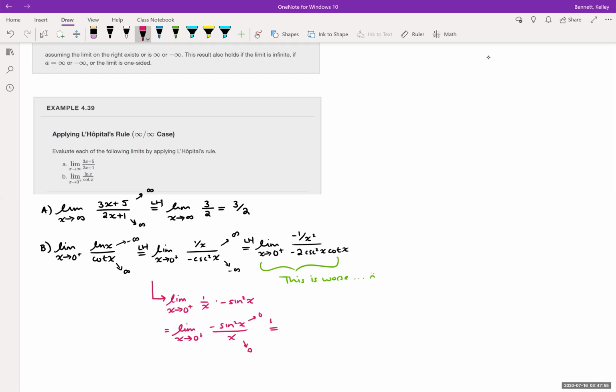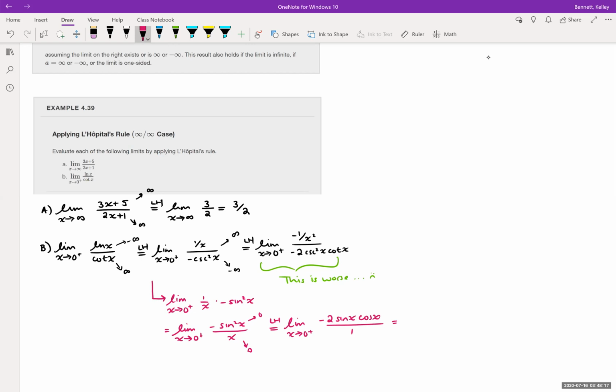So I know I can apply L'Hopital, and I get negative 2 sine x cosine x. See, I did it. I didn't write my limit. I knew it was going to happen. Equals the limit as x goes to 0 from above of negative 2 sine x cosine x over 1.